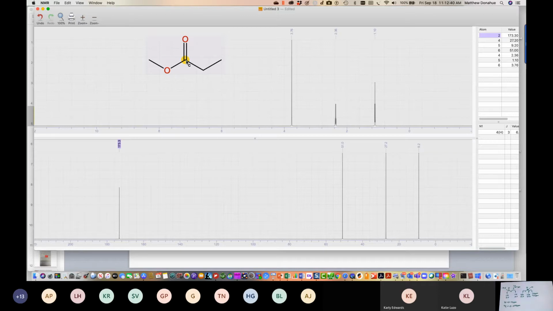Hannah's asking, where did 0 to 10 and 0 to 220 come from? These are just the scales that these spectra occur in. The proton NMR occurs from 0 to 10 parts per million. The C13 NMR occurs from 0 to 220 parts per million.